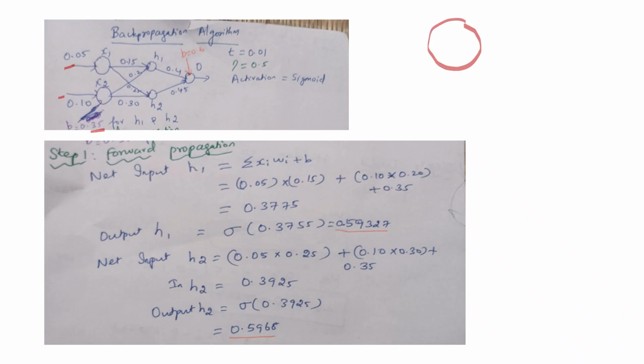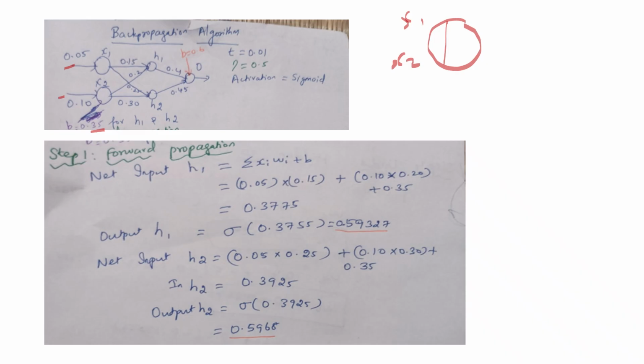In the hidden neuron, we have two inputs, x1 and x2. Here the x1 value is 0.05, the x2 value is 0.10, and the weightage for x1 is 0.15, the weightage for x2 is 0.2. So we have to apply the summation of xi multiplied with the corresponding weight i, plus bias.